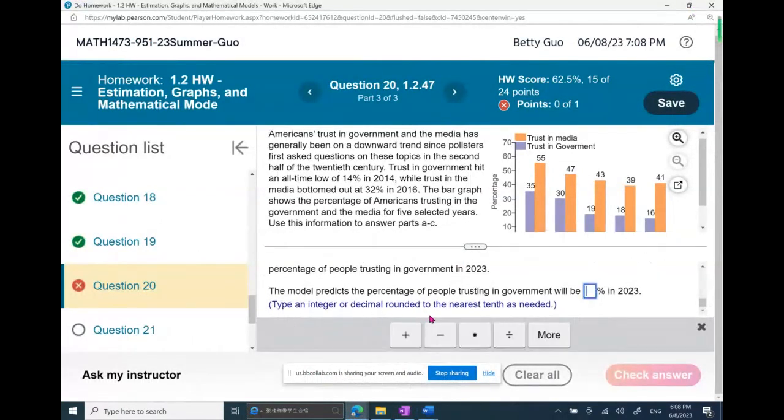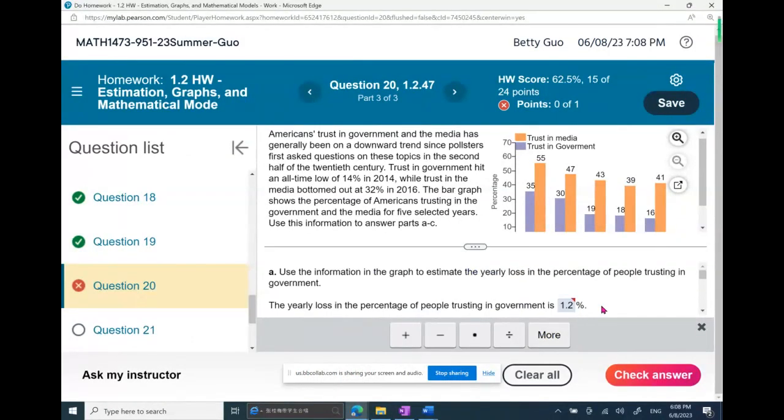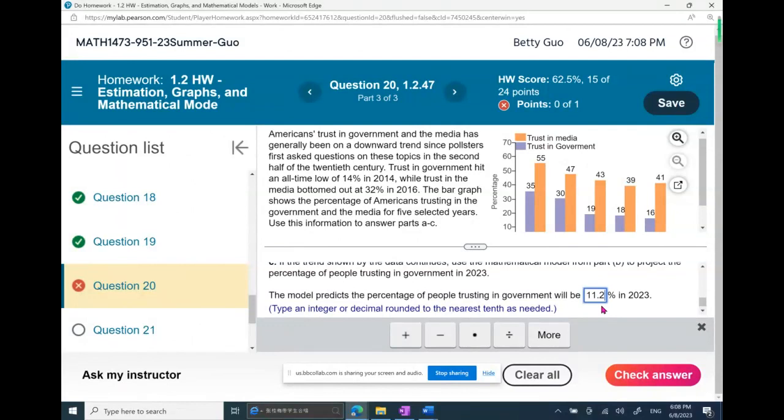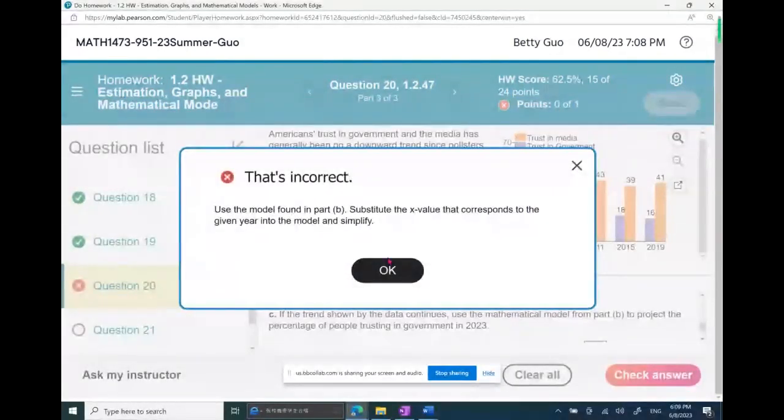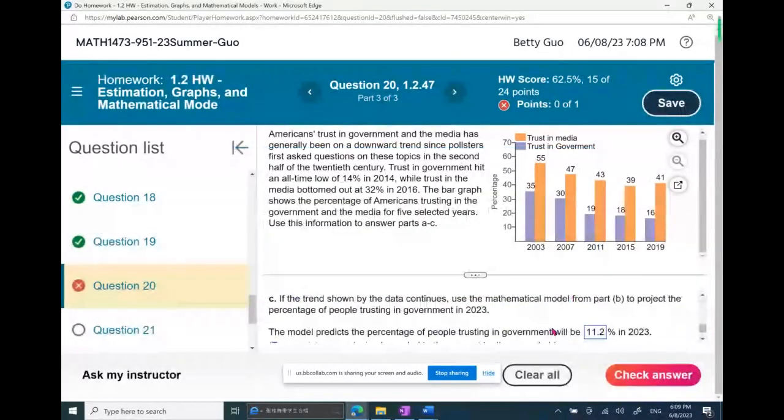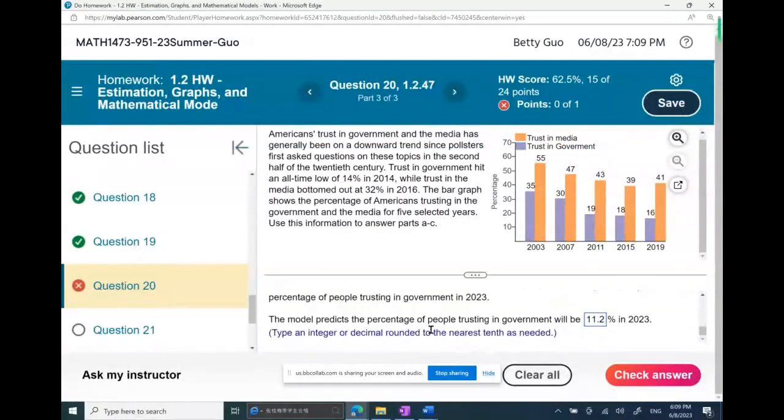Type an integer or decimal rounded to the nearest tenth. Yeah, 11.2. The model predicts the percentage of people trusting government will be 11.2% in 2023.